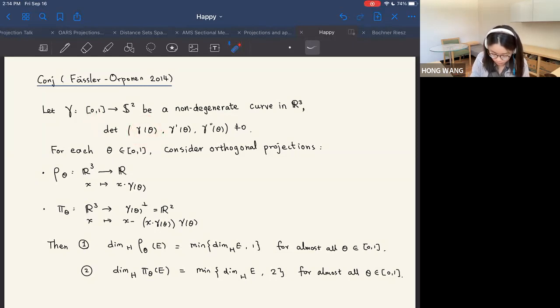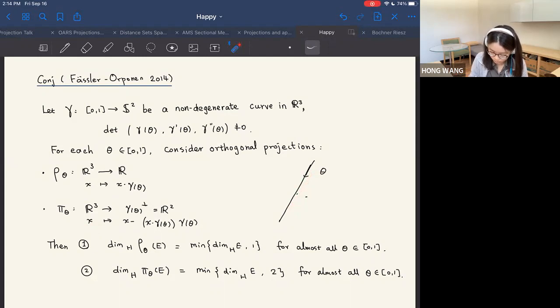So rho theta projects to this line. And this pi theta is more like what we studied before. It maps x in R3 to the plane that's perpendicular to gamma theta, so that's x minus its component in the direction gamma theta.